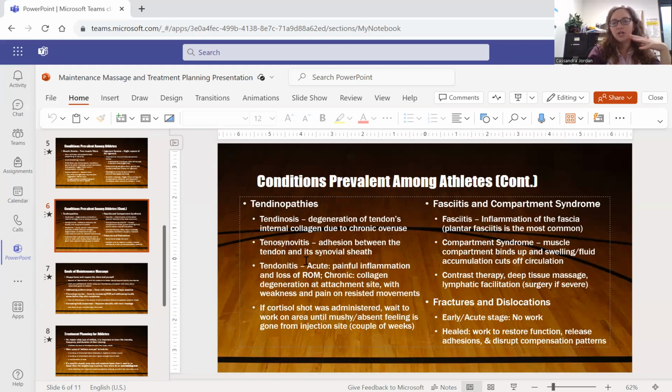If it is a chronic, reoccurring, exercise-induced compartment syndrome, we can work on it as massage therapists once the inflammation is calmed down. If it is an acute compartment syndrome, it's a medical emergency and they need to go to the doctor, like they need an ambulance.